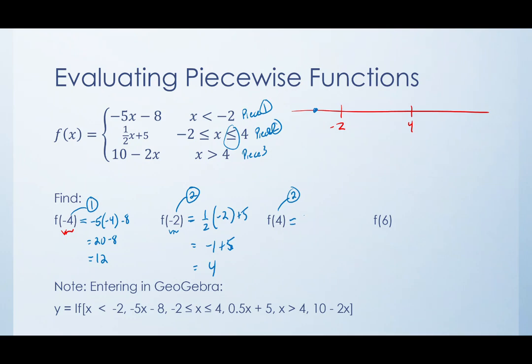So we're going to say, okay, 1/2 times 4 plus 5, which is, of course, 2 plus 5, which is 7. And then we're going to say, okay, f of 6. So 6 is over here somewhere. That's in piece 3. So we're going to use 10 minus 2 times 6, which will be 10 minus 12, which is -2.